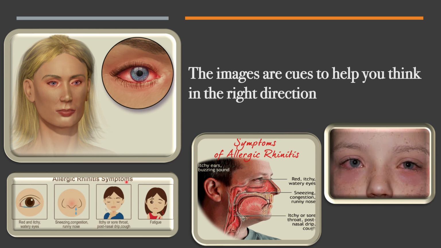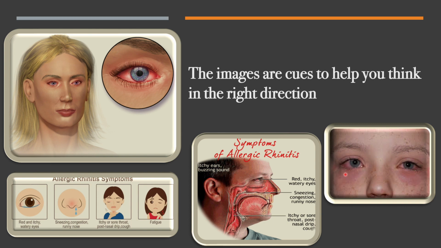Allergic rhinitis symptoms are red, itchy, watery eyes, sneezing, congestion. These are hallmark symptoms of rhinitis. Also itchy, sore throat, and fatigue. Other URIs can have these symptoms too, but taking into consideration everything the patient narrative is showing, I am leaning more towards allergic rhinitis.